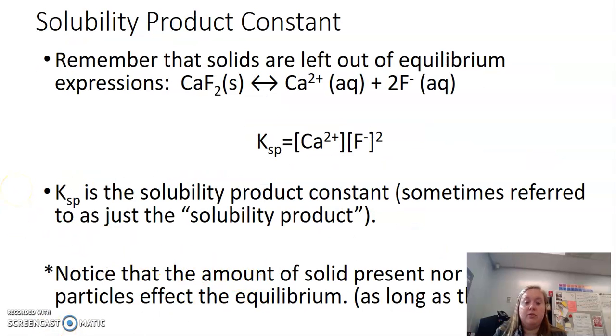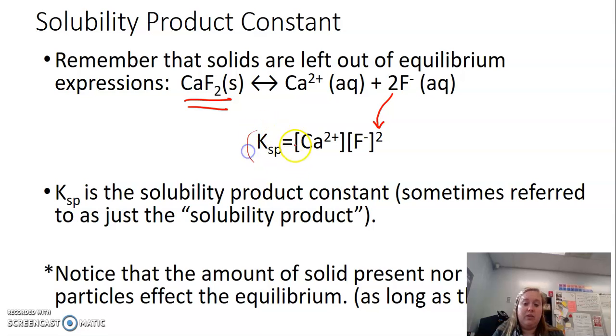Some vocabulary that's associated with equilibrium dealing with solubility is we have to remember that solids are left out of the equilibrium expressions all the time. So your reactant, this solid that's dissociating, is never going to be in your equilibrium expression. But the aqueous products, the ions, will. And we're dealing with concentration, so always use the brackets. Any coefficient that you have in your equation is going to be the exponent in the equilibrium expression.